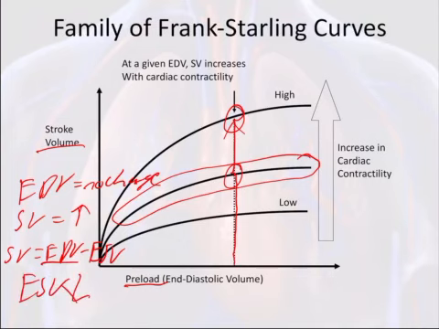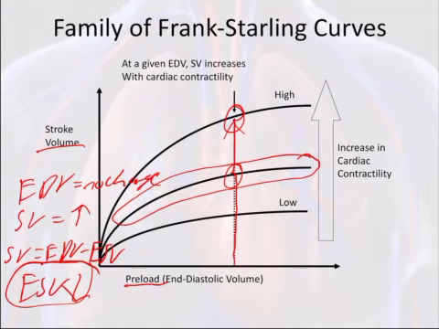So ESV must have gone down in this situation, to go from this stroke volume with the same end-diastolic volume to a higher stroke volume. So that's really what happens. With more contractility, we get more of that blood out of the heart. And that makes sense how that would increase the ejection fraction, right?